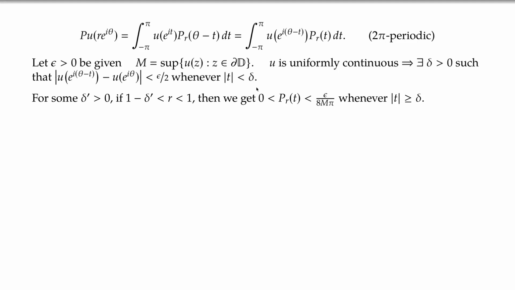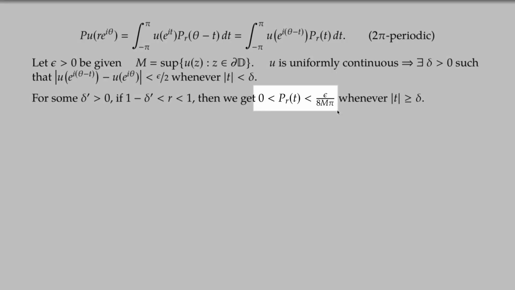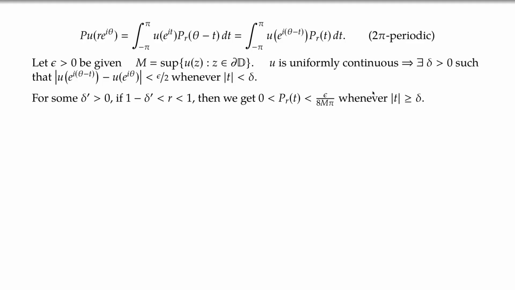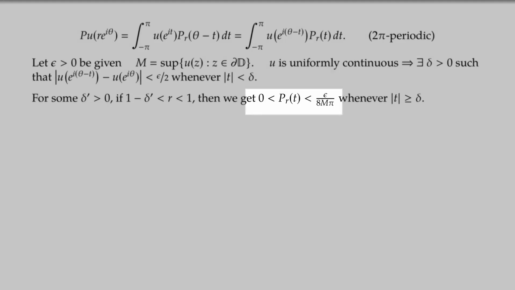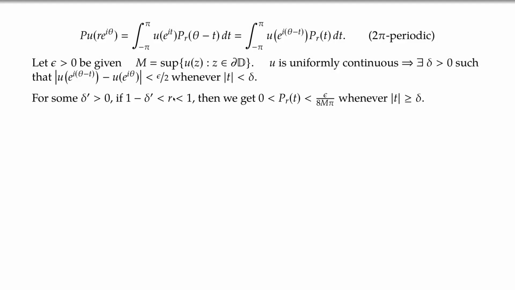We can make sure that this is true, that we can make P_r arbitrarily small uniformly as long as we stay away from 0. So for that fixed delta, we can pick another delta prime such that if r is within delta prime of 1, this is true.